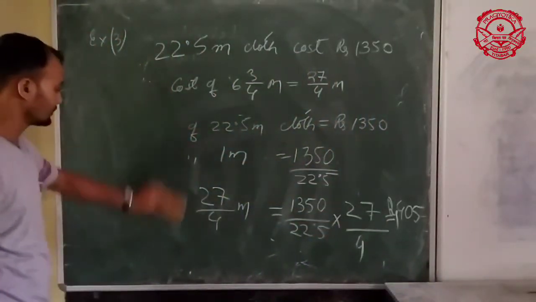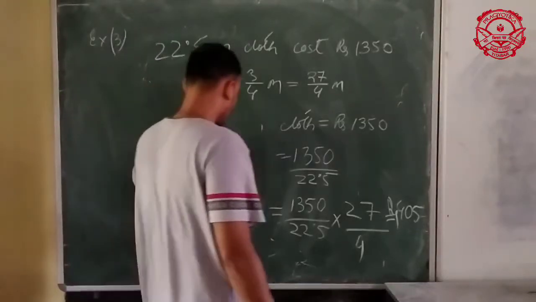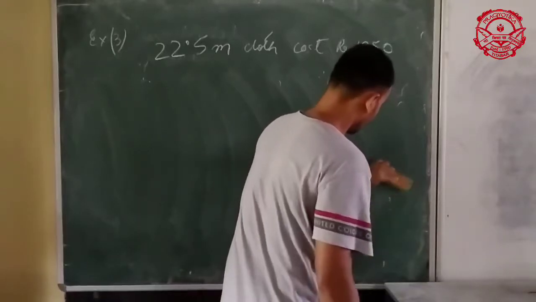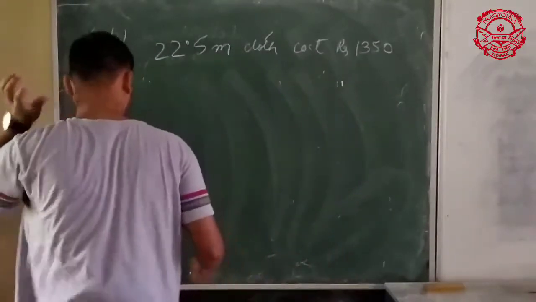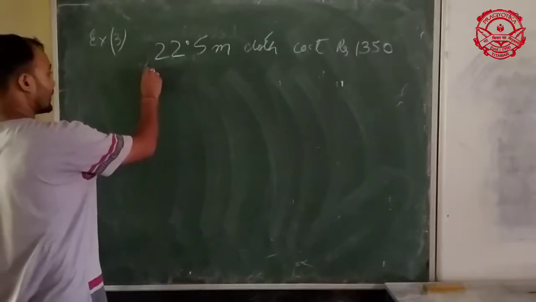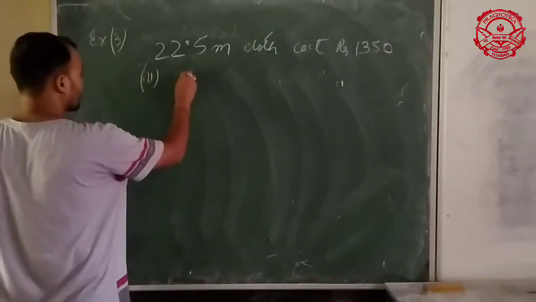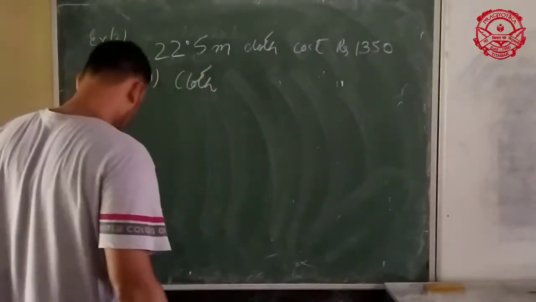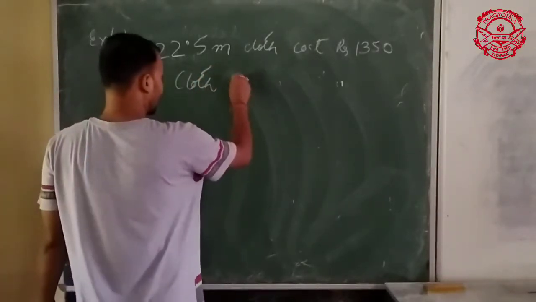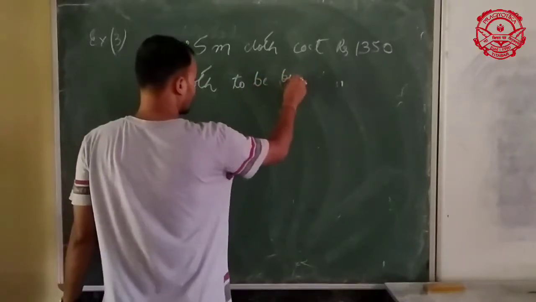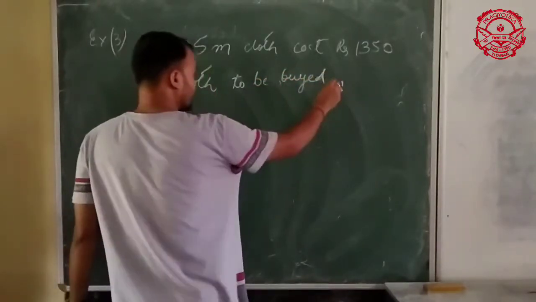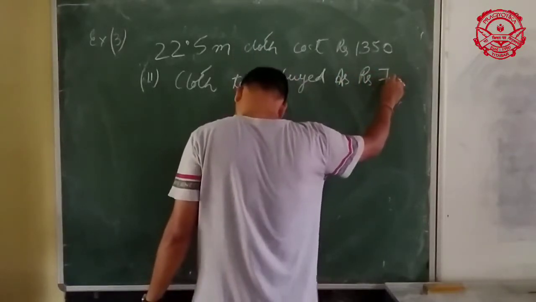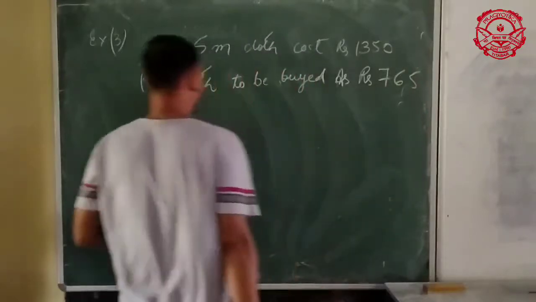Okay, you see. Next, cloth to be bought at rupees 765.